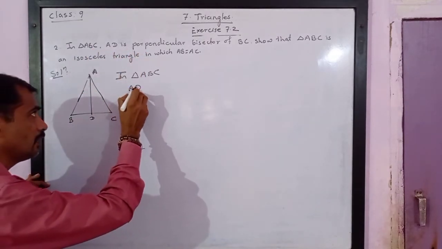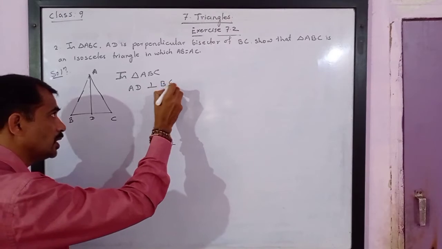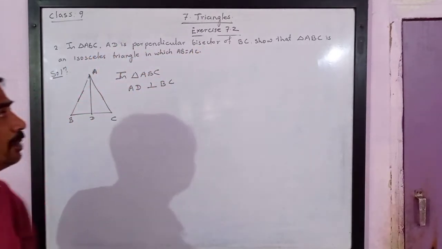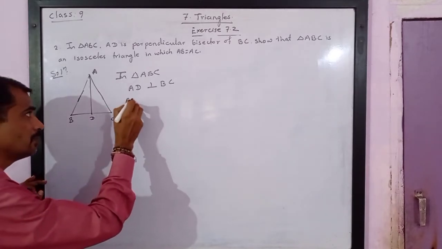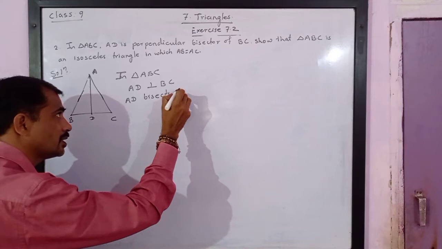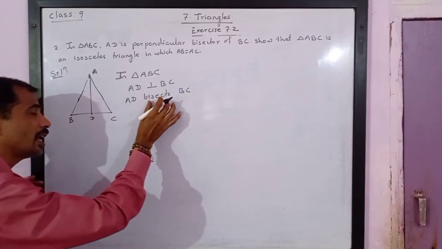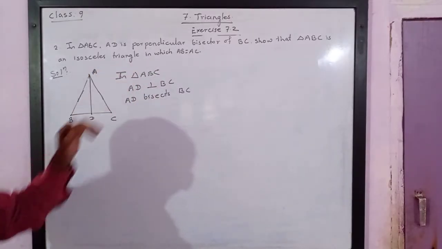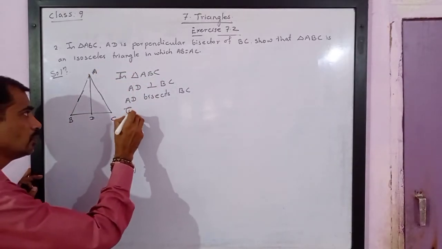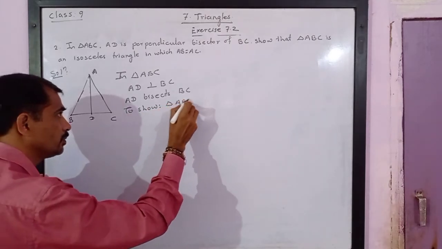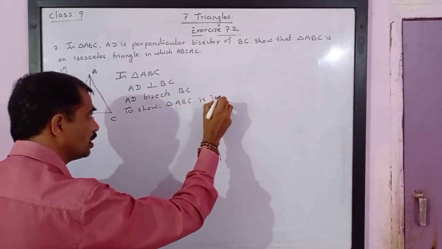AD is perpendicular to BC, and AD is bisector of side BC. AD bisects BC. This is perpendicular as well as bisector. Show that triangle ABC is an isosceles triangle.